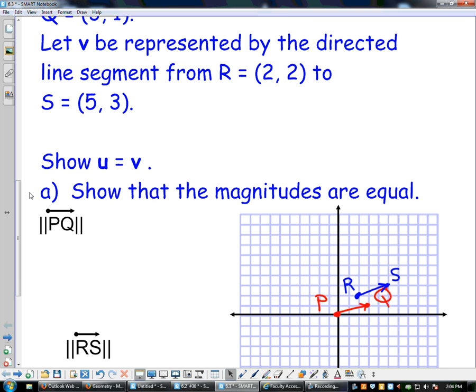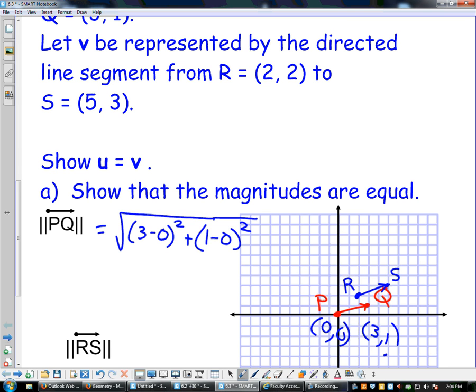for this, we would want to say distance between 0, 0, and 3, 1. So distance formula, we would want to do 3 minus 0 quantity squared plus 1 minus 0 quantity squared. Everybody agree? So we get square root of 9 plus 1. I get square root of 10.